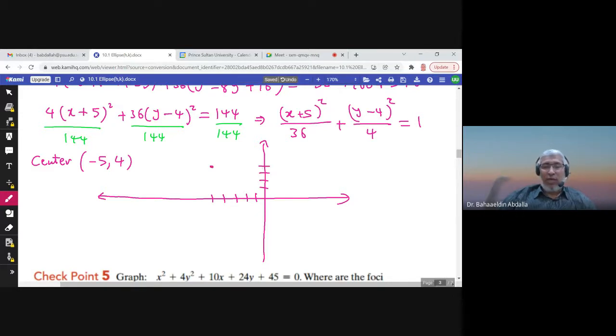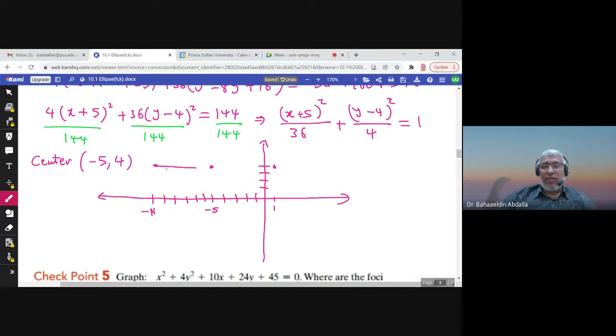So here is the center, -5 and 4. And now 6 units to the right and to the left. Below x I have 36, I go 6 units. This is -5 plus 6, so I will reach 1. And -5 minus 6, I will reach -11.